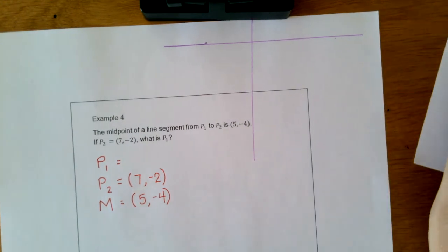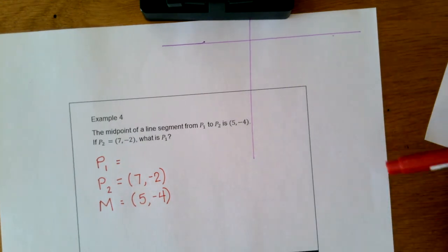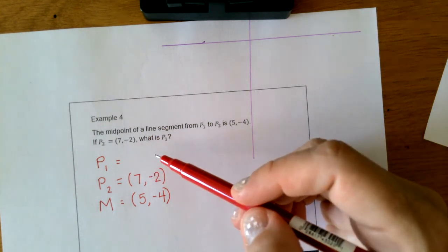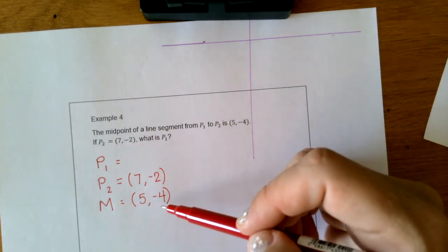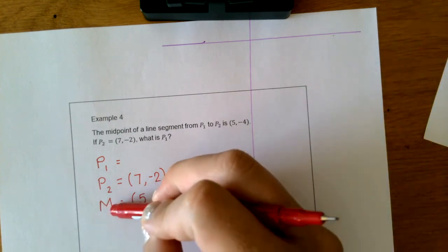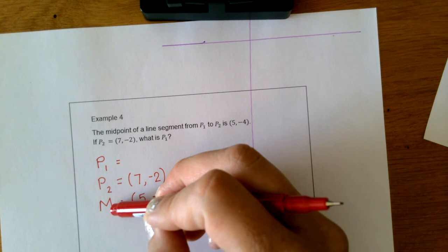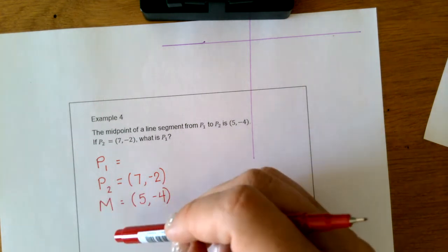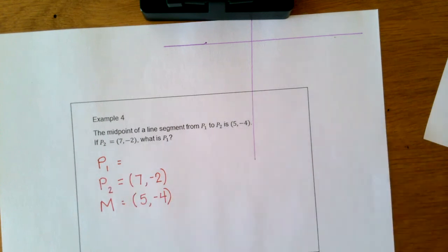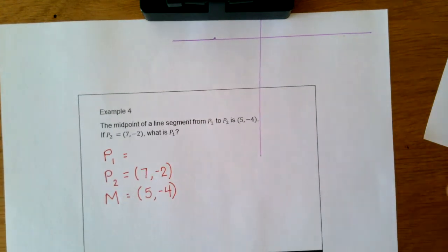Okay, should I use the distance formula or should I use the midpoint formula? The distance formula, I would need X and Y. The midpoint formula, I can use X and Y of M and X and Y of P2 to find the X and Y of P1, okay?